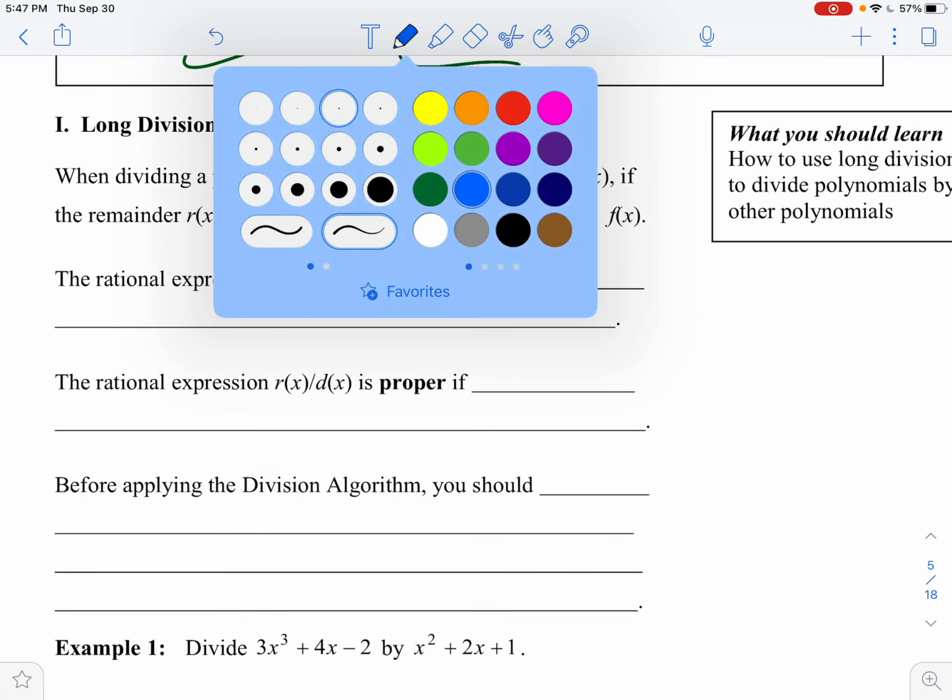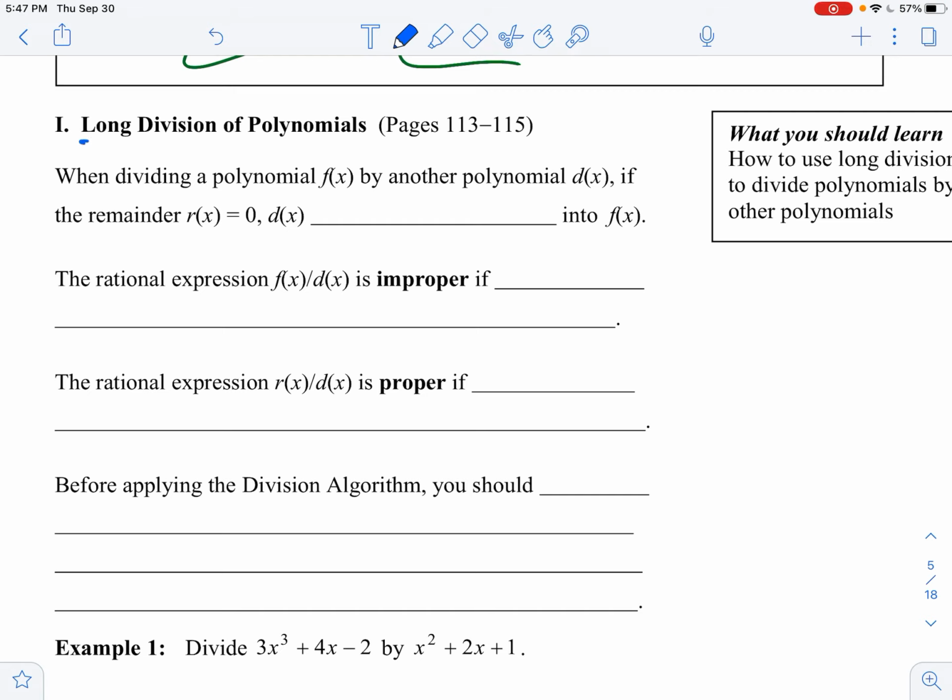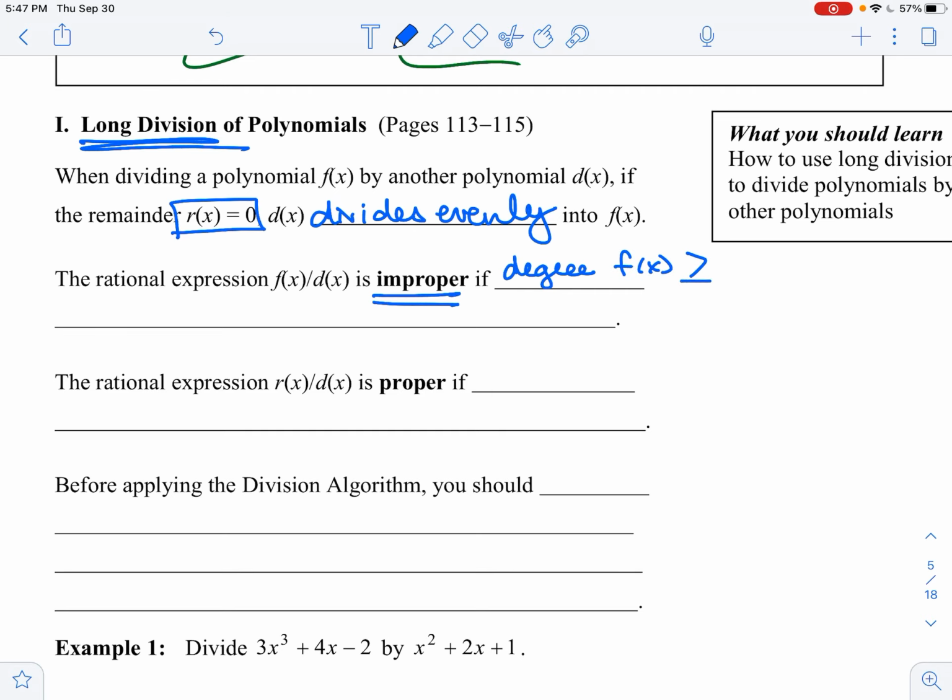So let's jump in. When we're talking about long division of polynomials, there's a couple of things. We know that if the remainder is 0, it means it divides evenly. We also know that the rational expression is improper if the degree, or the highest exponent, of f of x is greater than or equal to the degree of d of x.